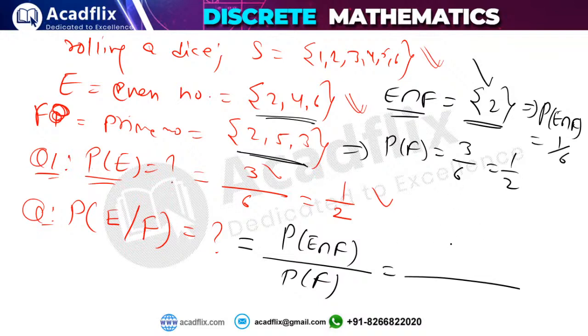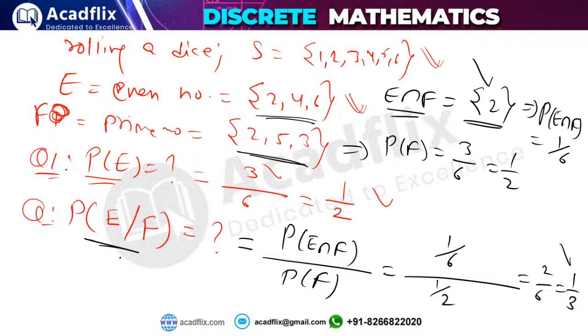And the probability of F is 1 by 2, so the answer will be 2 by 6, that is 1 by 3. The probability that E will happen given that F has already happened is 1 by 3.